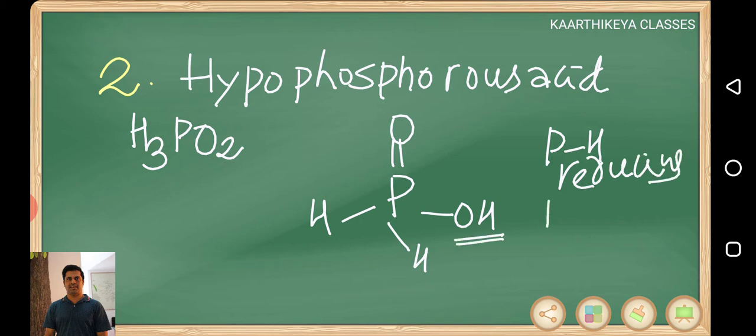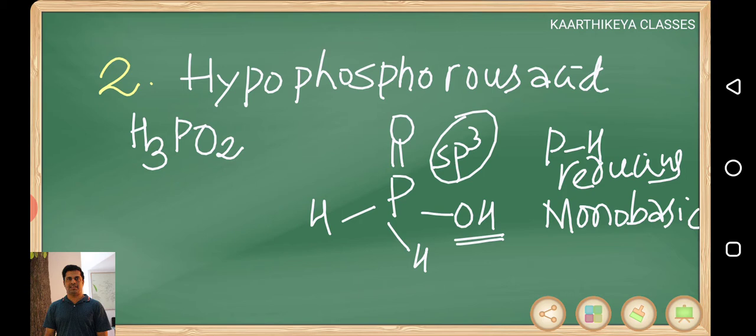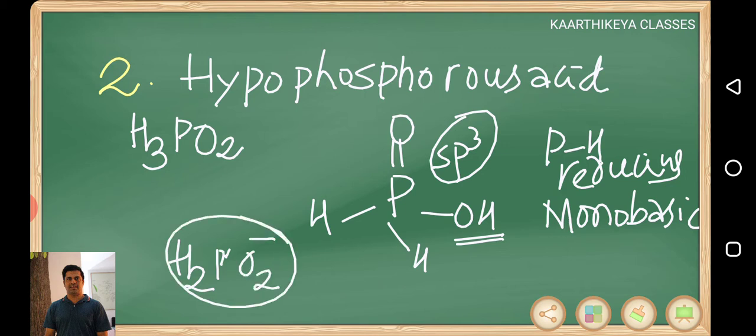Because of one OH group, it is a monobasic acid. Hybridization of phosphorus is sp3. You can see the structure, tetrahedral structure, monobasic acid, and it can form only one type of salt, H2PO2 minus, which we call hypophosphite. Clear?